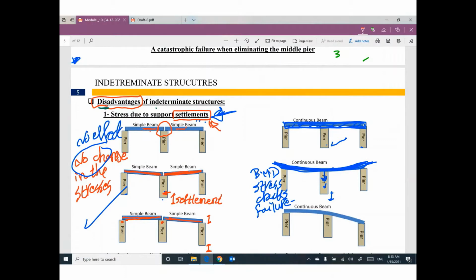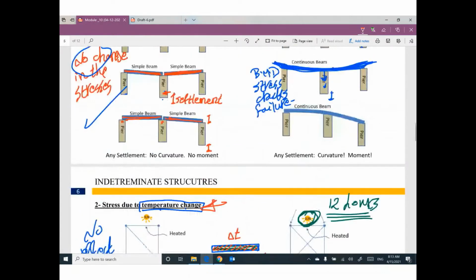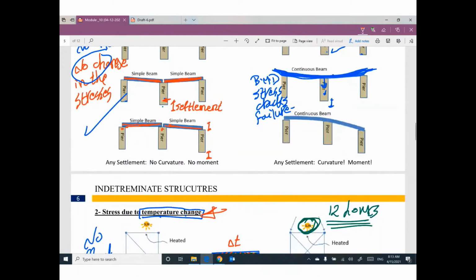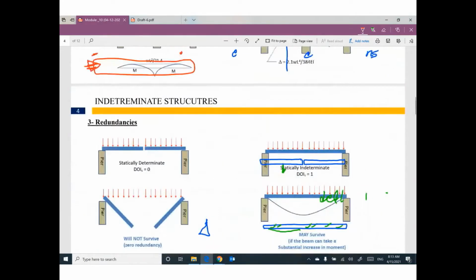If you have a structure with big concerns about settlement and temperature, make sure your structure is determinate, like bridges. If we don't have an issue with temperature or settlement, it will be better to make your structure indeterminate.